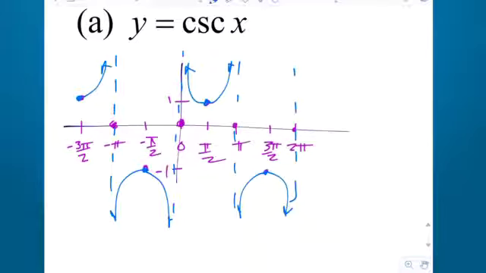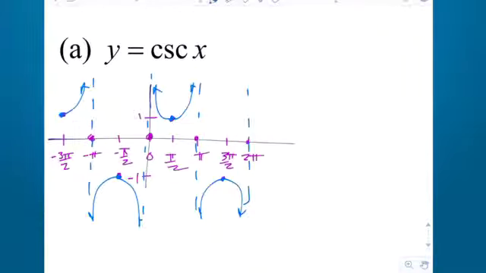Highs stay high, they turn upward. The lows stay low, and they turn downwards. And there's the graph of cosecant. Pretty easy to sketch. All right, important information. What's the domain of cosecant? The set of all x such that x isn't equal to 0, pi, 2 pi, 3 pi, 4 pi, 5 pi.